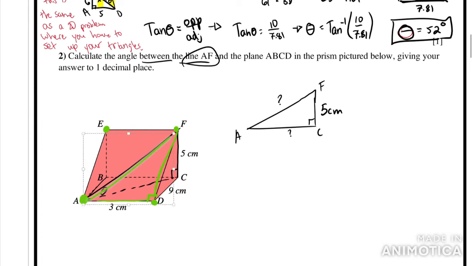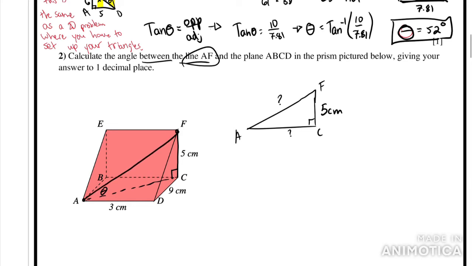Now, the problem with that is it gives me one of the sides, but I don't know any angles, I don't know any side lengths. I actually don't think that's the best triangle.